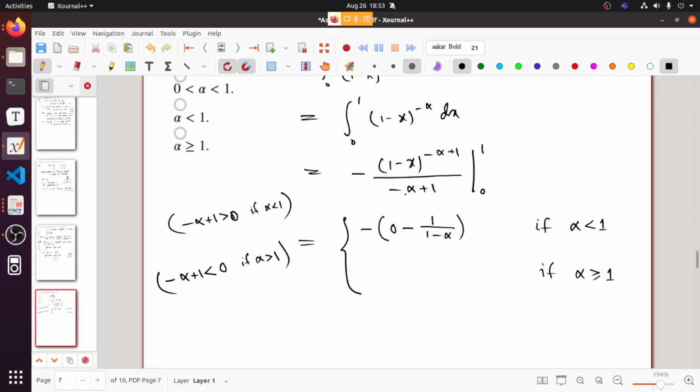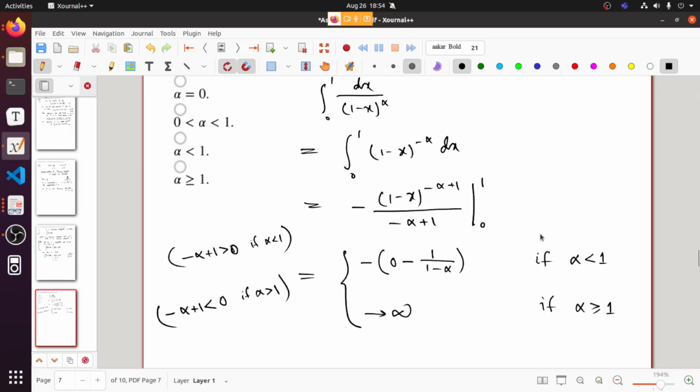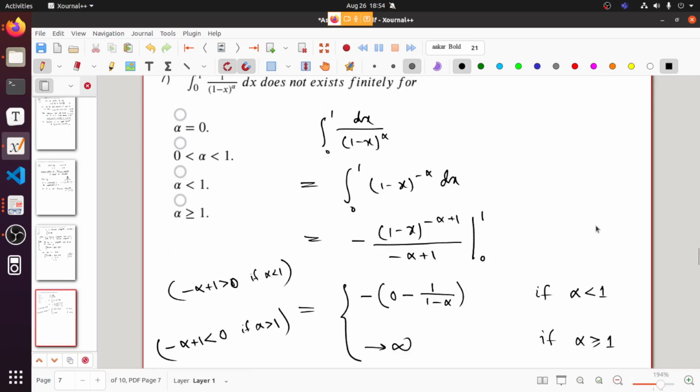It will go to infinity. So for alpha greater than or equal to 1, this is not well defined. Here it will only give the finite value for alpha less than 1.